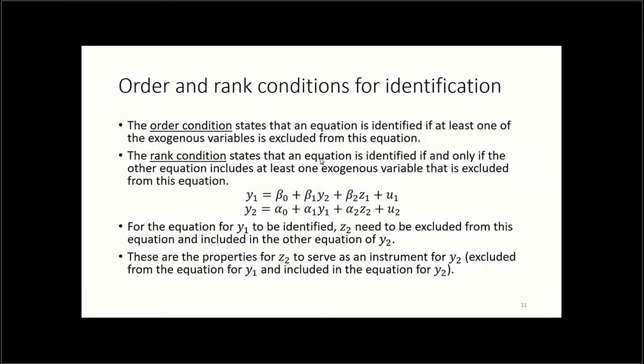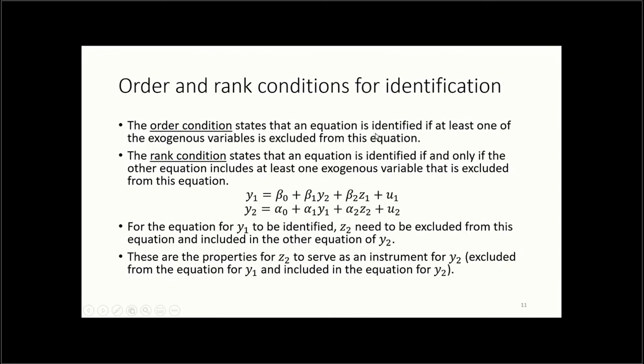Okay, so finally we're going to talk about the order condition and rank condition for identification. Basically, can we estimate the simultaneous equations with two-stage least squares, and what are the necessary and sufficient conditions for it?